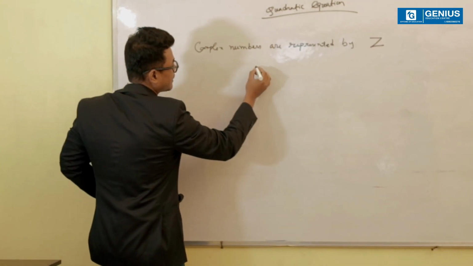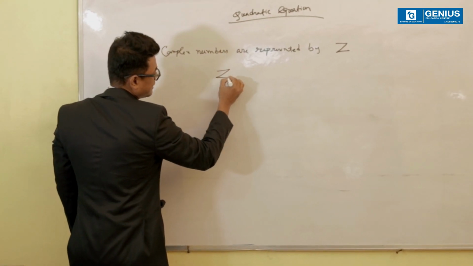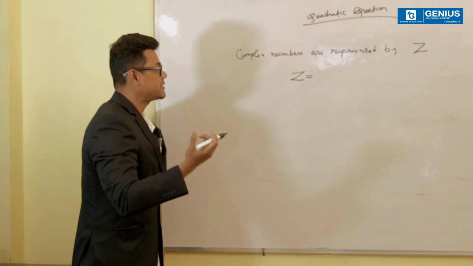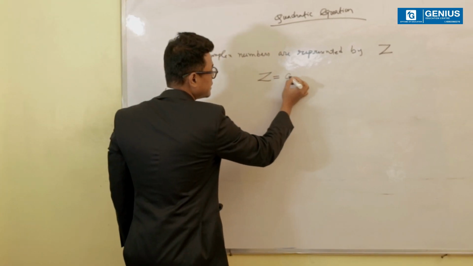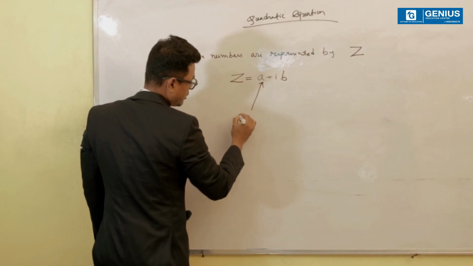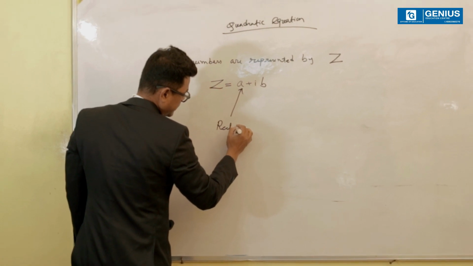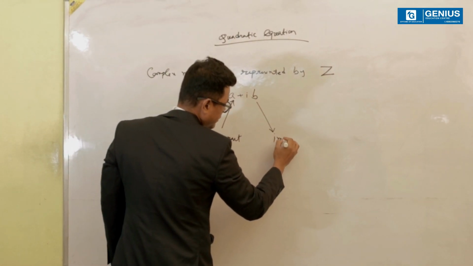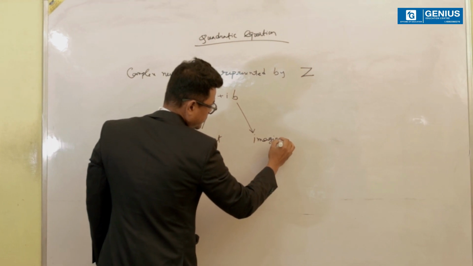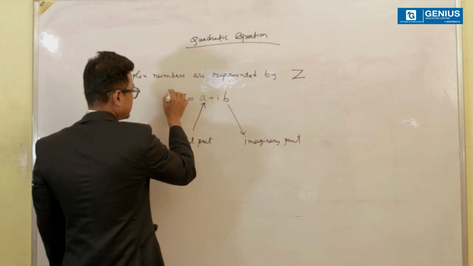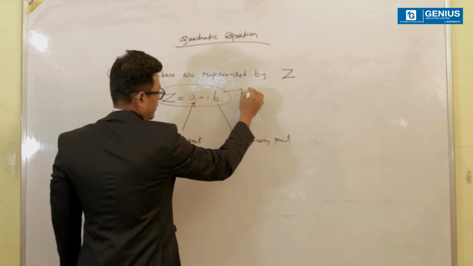So if you have a complex number Z, the general representation of a complex number is a plus ib, where a is called the real part of the complex number, and b is called the imaginary part of the complex number, and together both become a complex number.